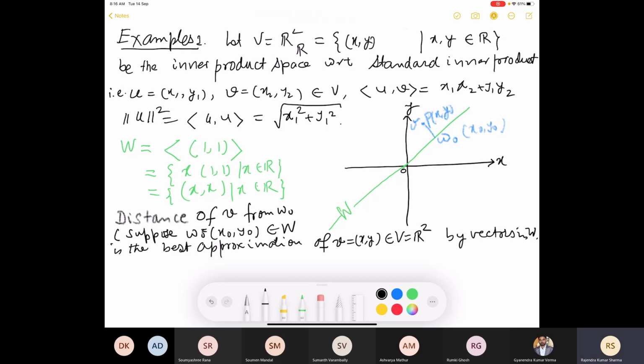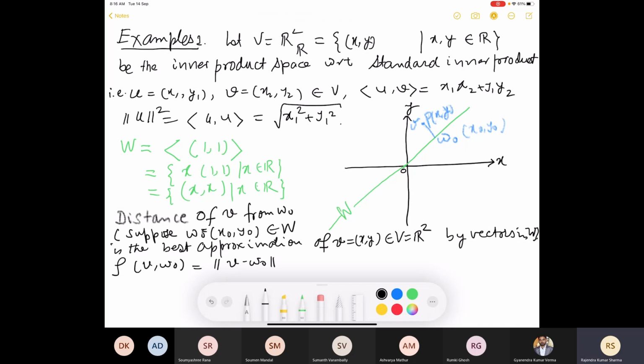W is, as we have described here. So this distance can be written in terms of this. So this is V with W naught, and this is the norm of V minus W naught.